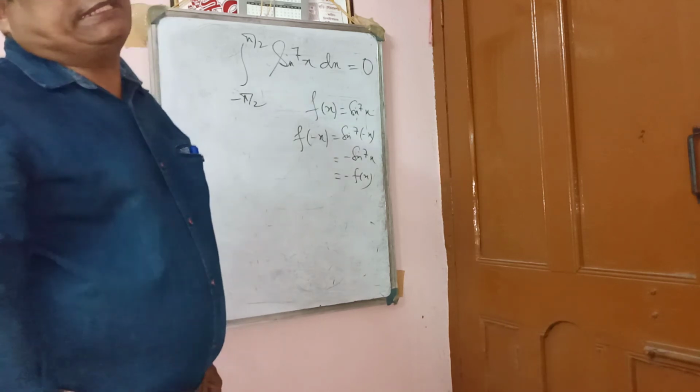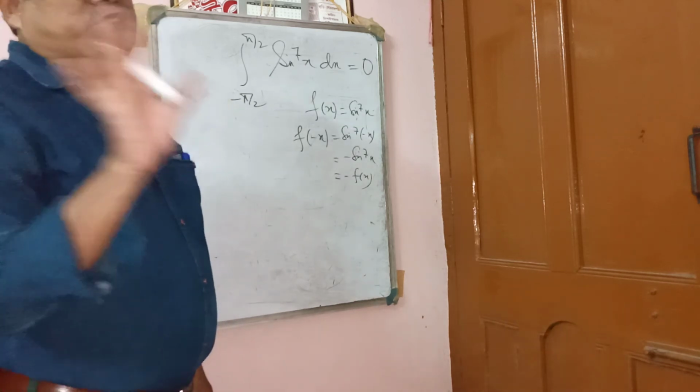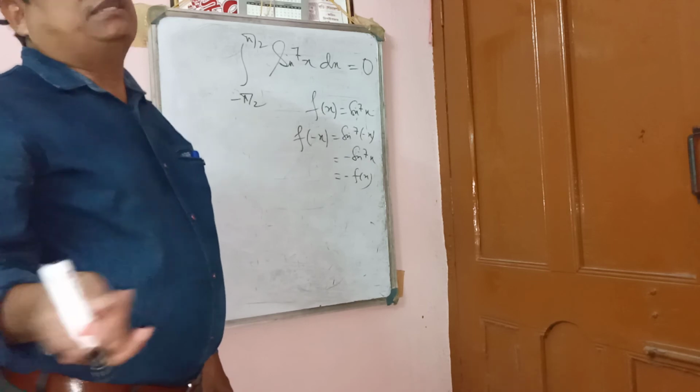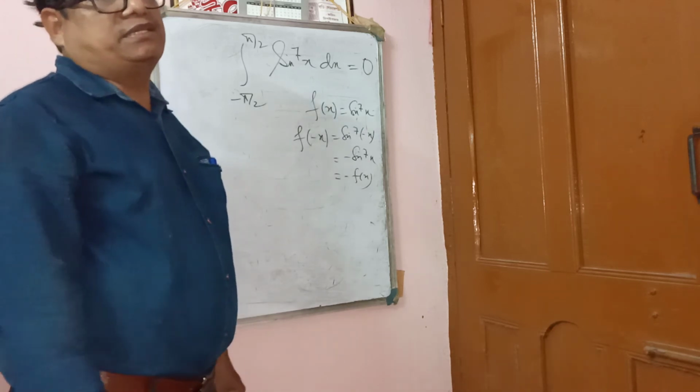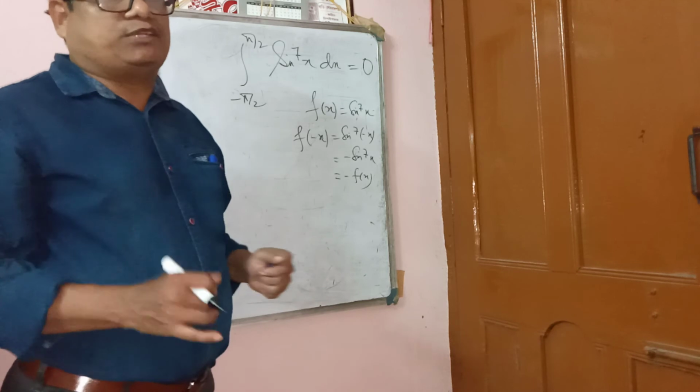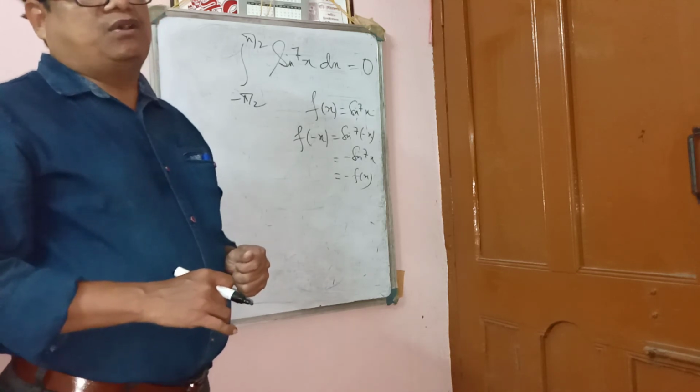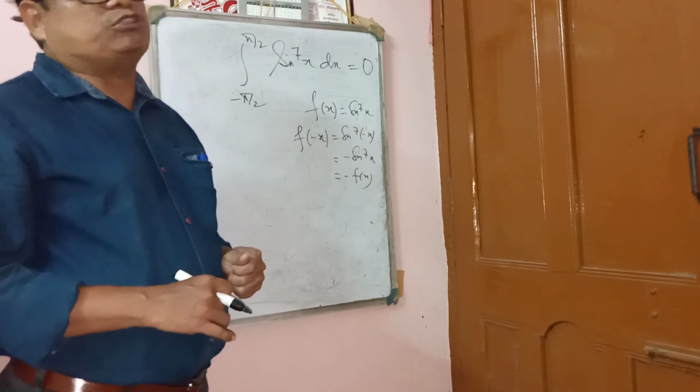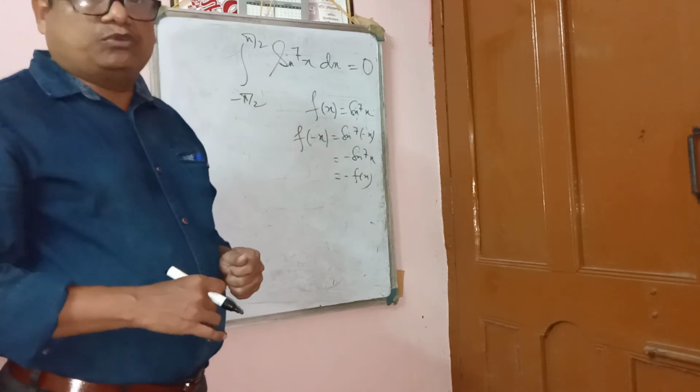If it is cos to the power 7x dx, no, this is not 0. Why? Now cos x is there. What type of function is cos x? It is an even function. f of minus x, that is cos of minus theta, all of you know is cos theta.